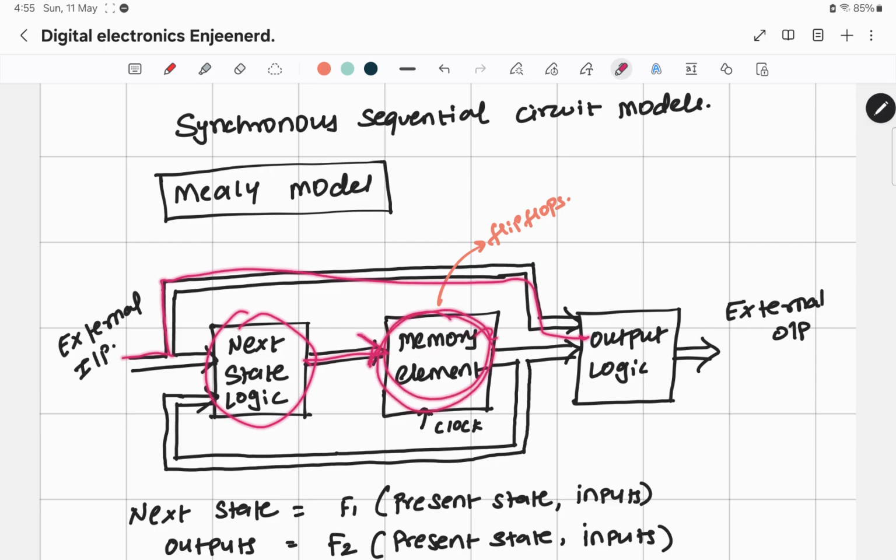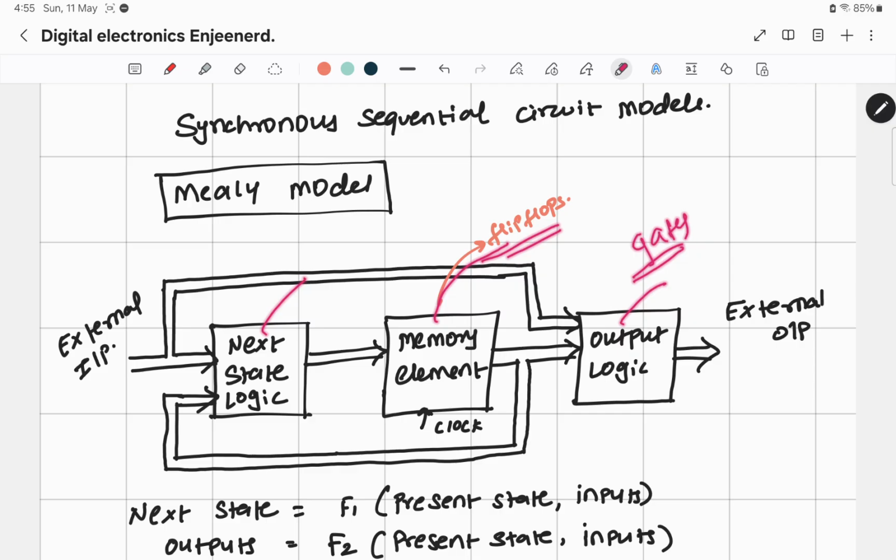Memory element will save it and create an output logic from where you will get your final output. This will come as a feedback to the next state logic, right? And memory uses flip-flops, whereas next state logic and output logic use combinational circuits, which is nothing but your gates.